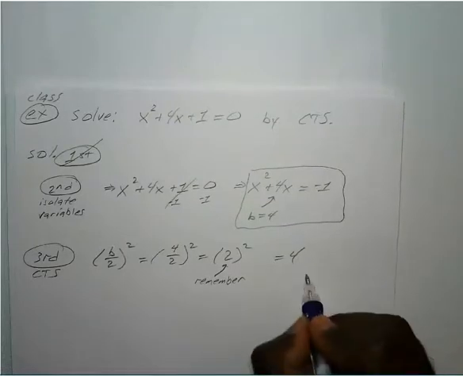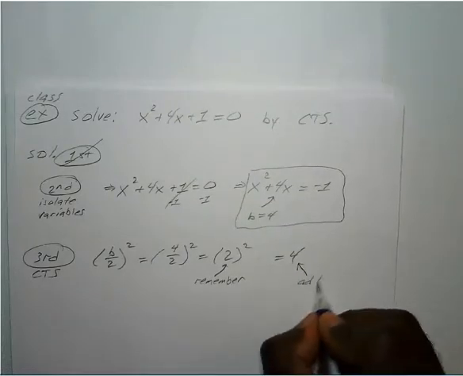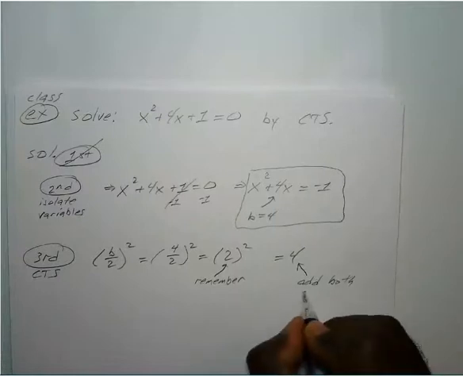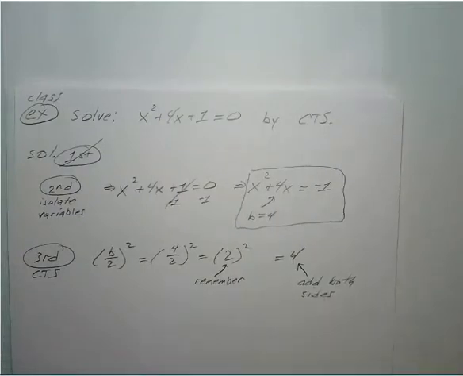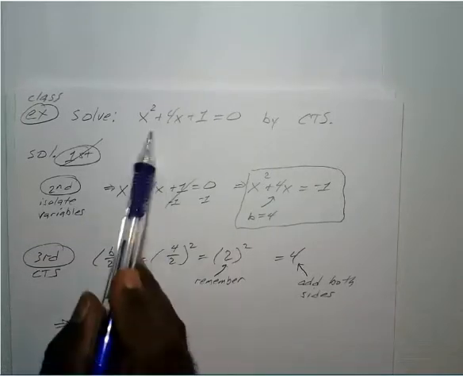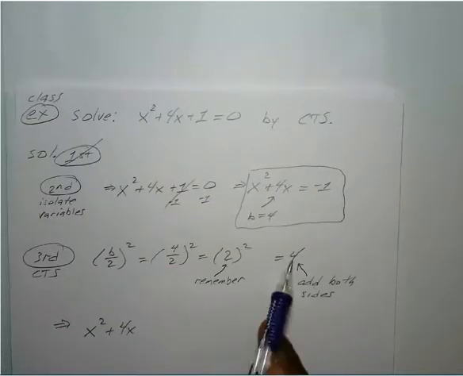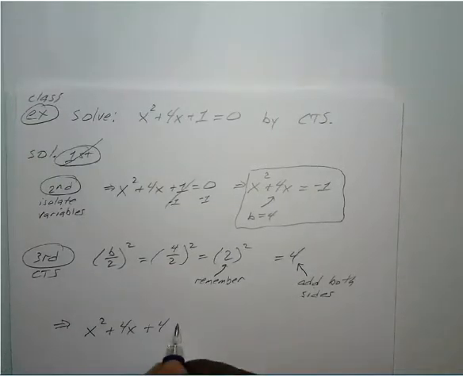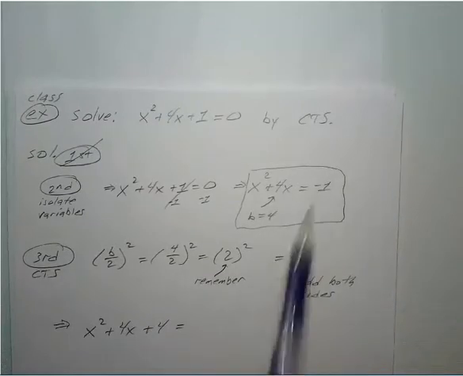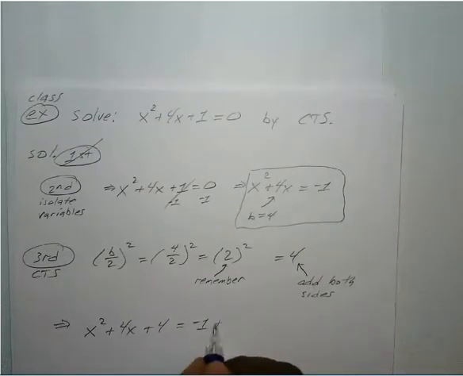And once we have it all figured out, we add 4 to both sides. So that gives us x squared plus 4x plus 4 equals -1 plus 4.